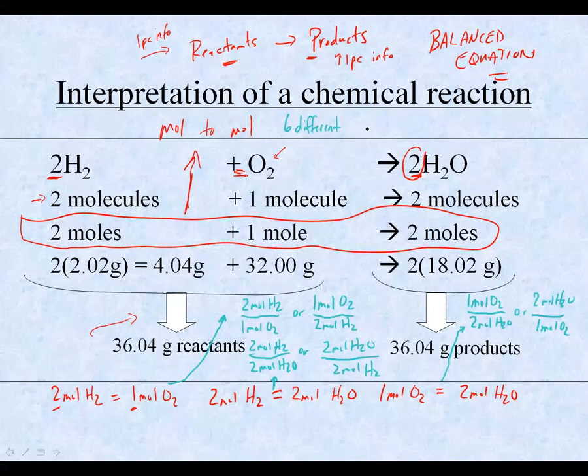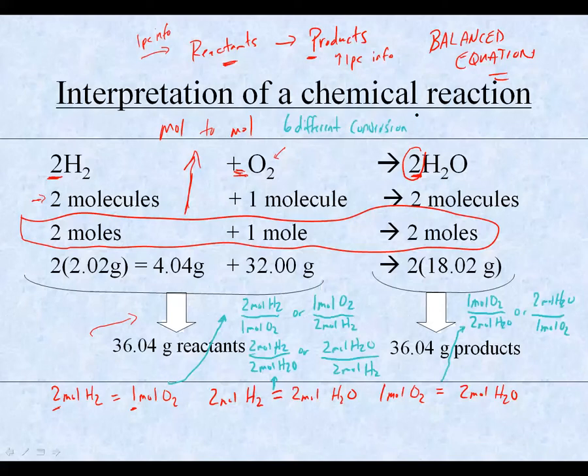conversion factors. And these 6 different conversion factors you obviously would not use in one problem, but you would use probably one of them in a particular problem. And the reason we need these conversion factors is because in these type of problems, they typically will give you information about one of the species in the equation.